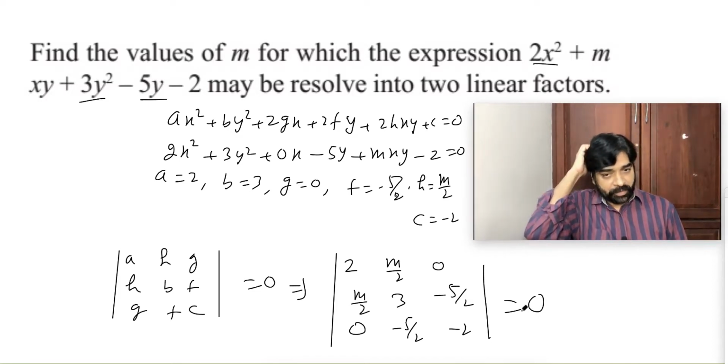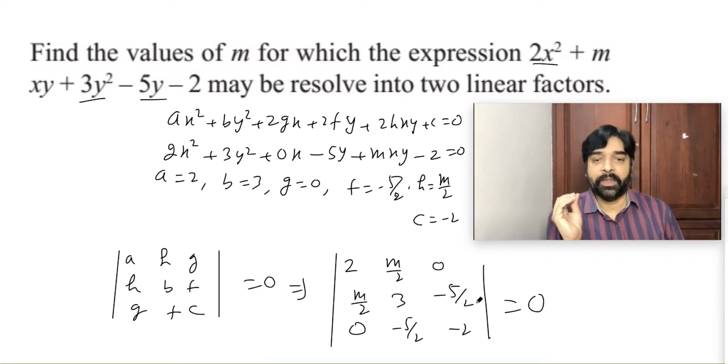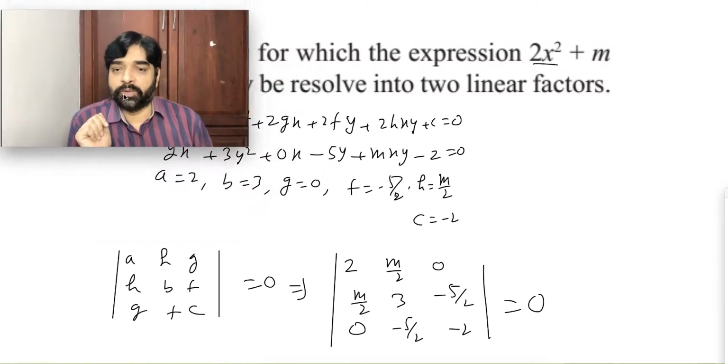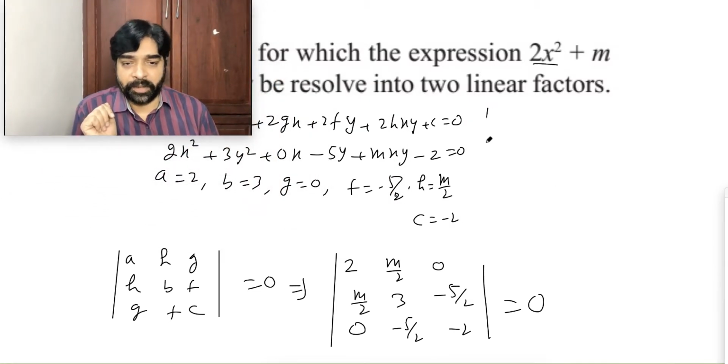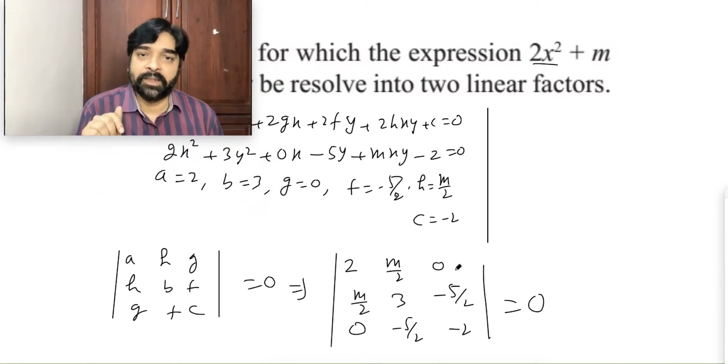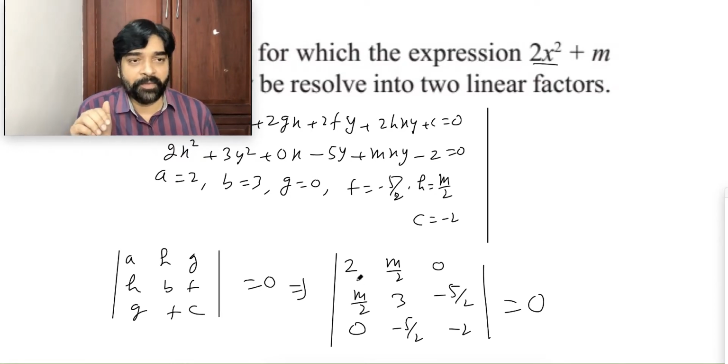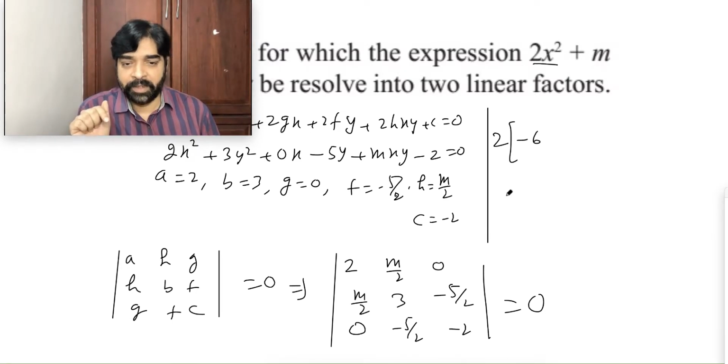Rest is just calculation, nothing else. You should know how to expand this determinant. This into this, minus 6, minus this into this, so minus 25 by 4, minus m by 2 into this. I may make calculation mistakes, so be careful.